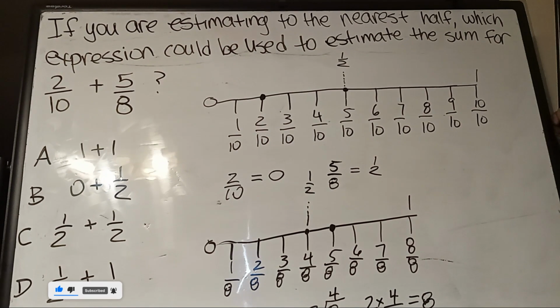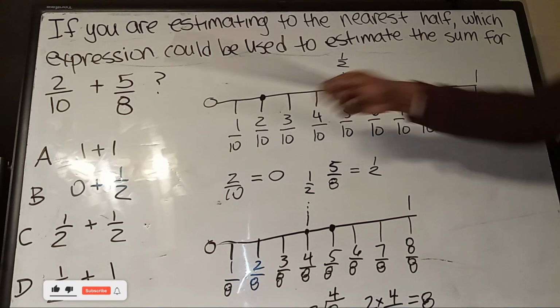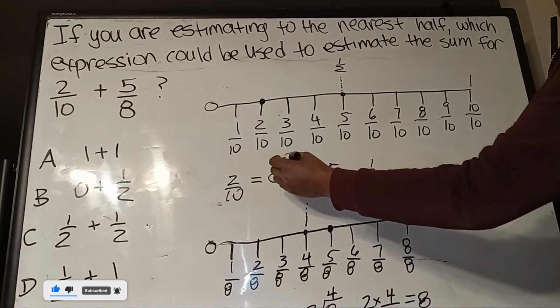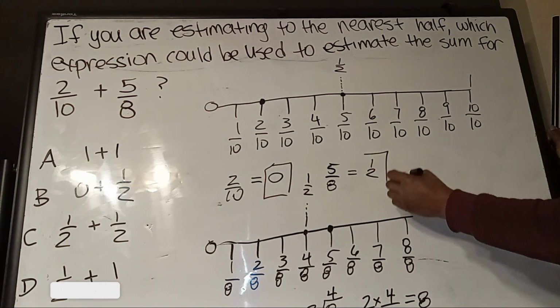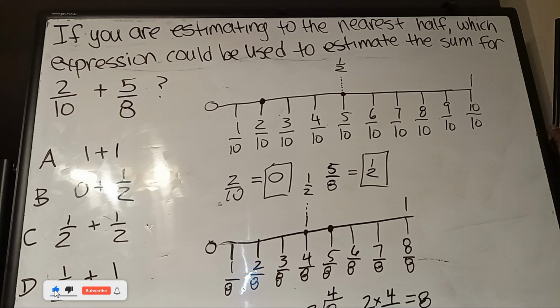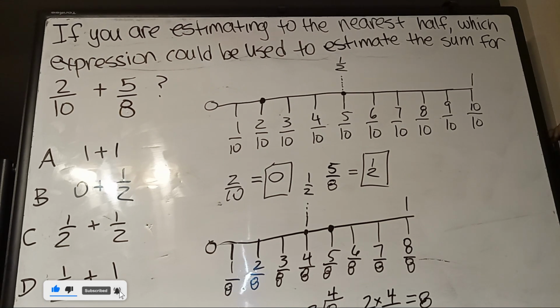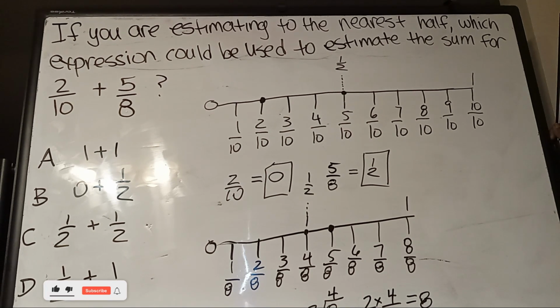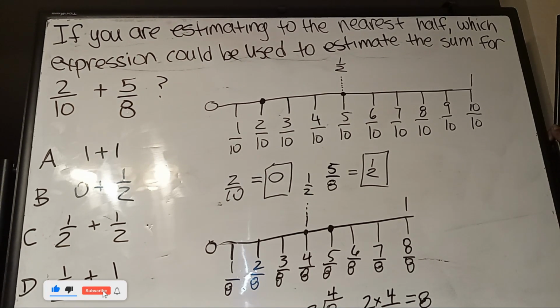For this problem, they wanted to know what the answer would be if you added those. So our expression needs to say 0 plus 1/2, right? And which one is that? A, B, C, or D? B. Exactly. Great job. The answer is B, 0 plus 1/2. And that is correct.